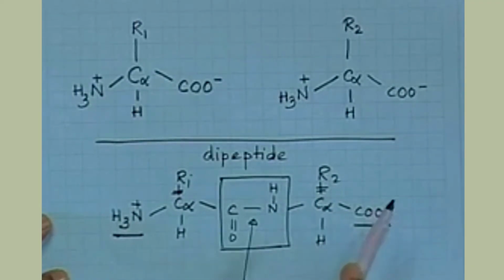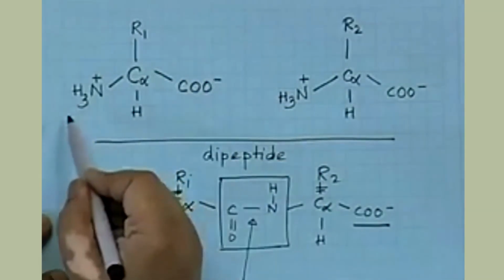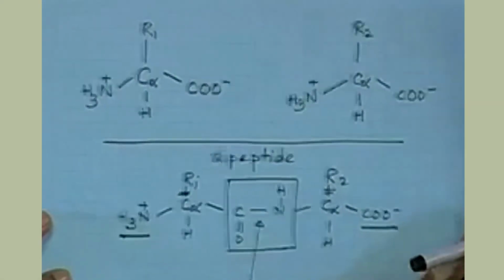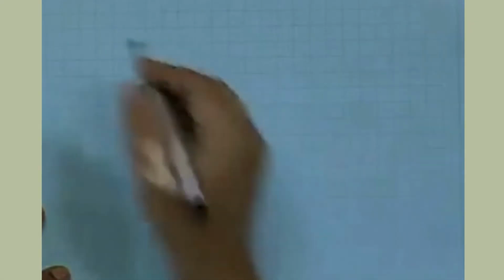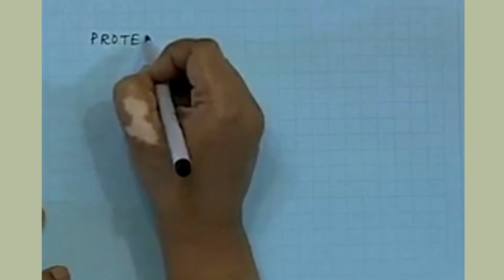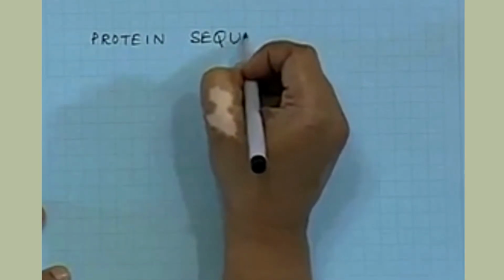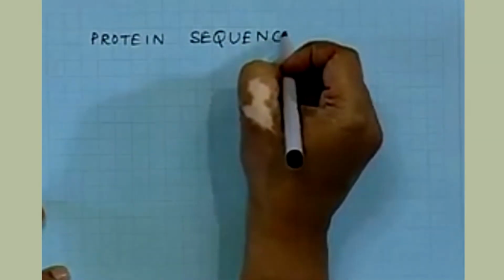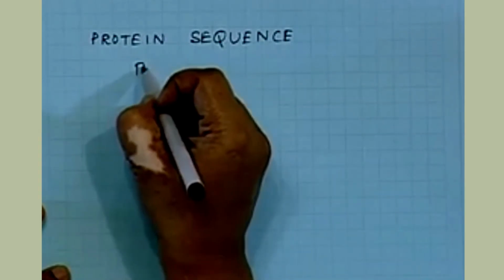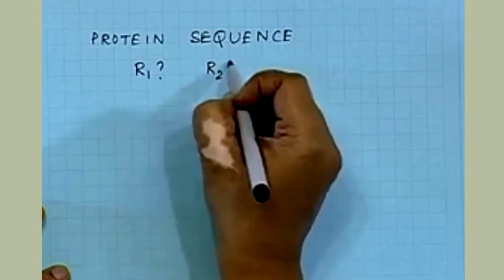So, it is sufficient, instead of writing this in an elaborate fashion, when we write a protein sequence, as we will see later, all the information we actually need is what R1 is and what R2 is.